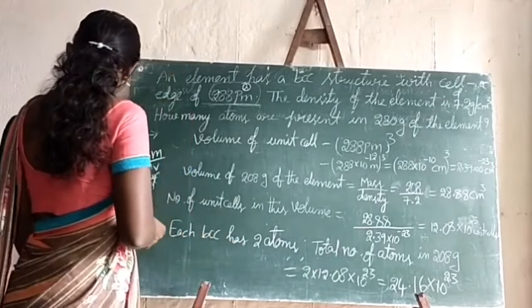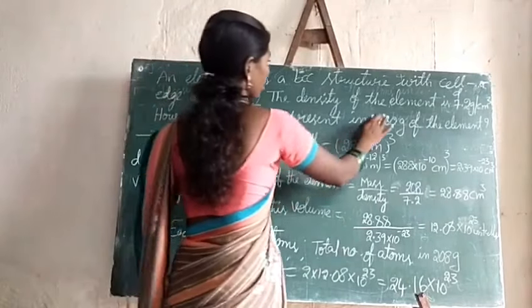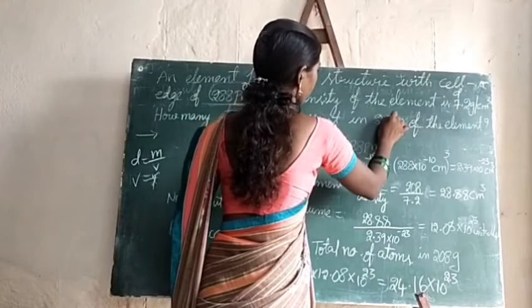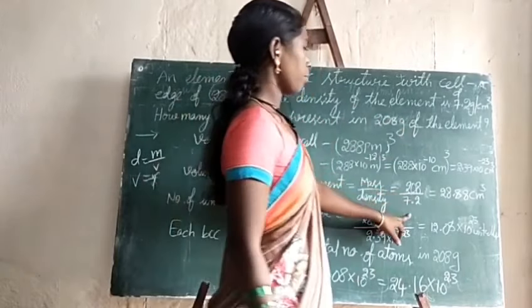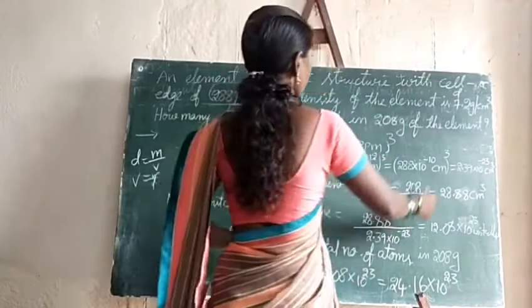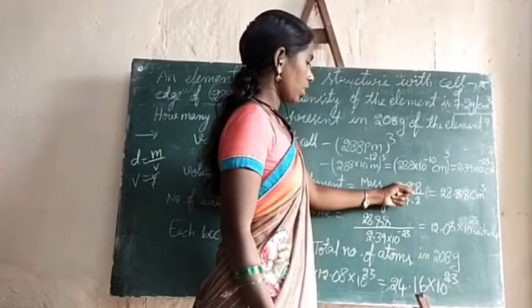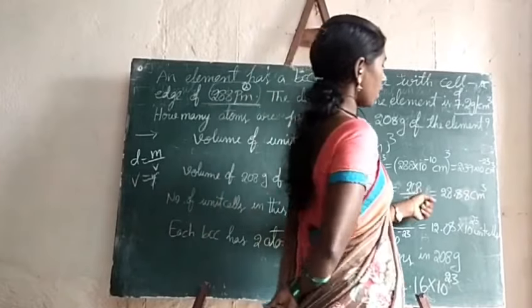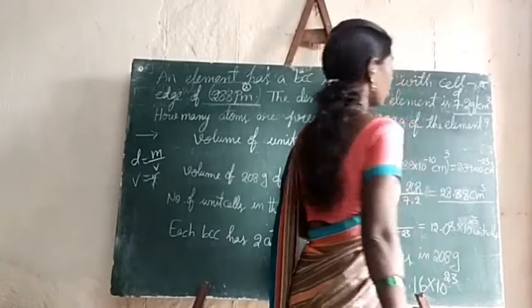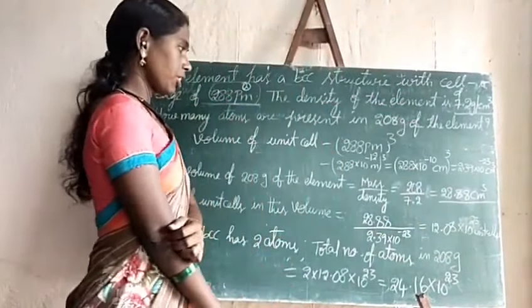Sorry, 208 grams of the element, it's not 280, it's 208 grams. So 208 by 7.2, as they gave us density is 7.2. If we calculate it, we can get volume as 28.88 centimeter cube.